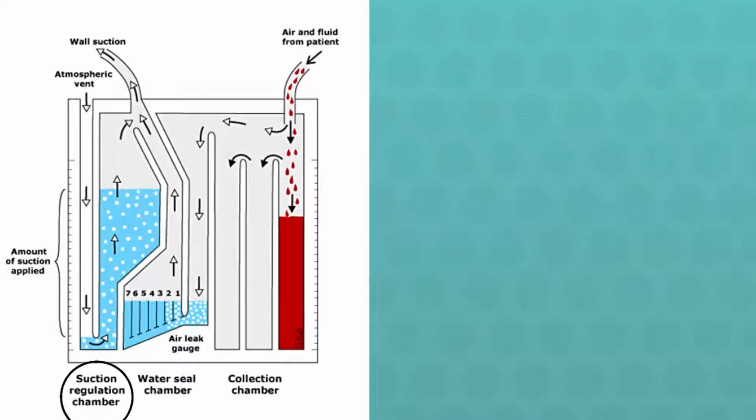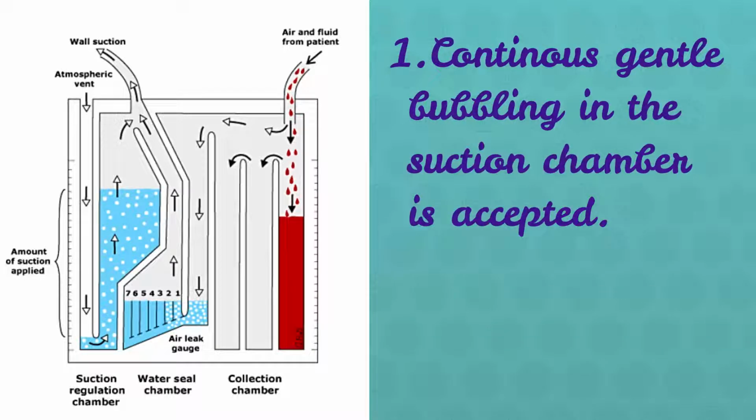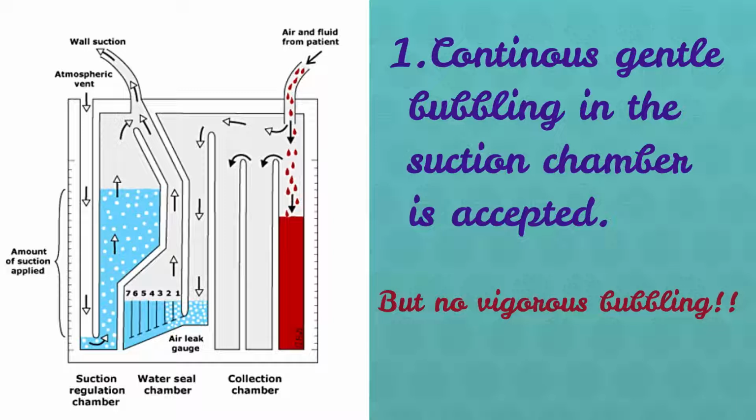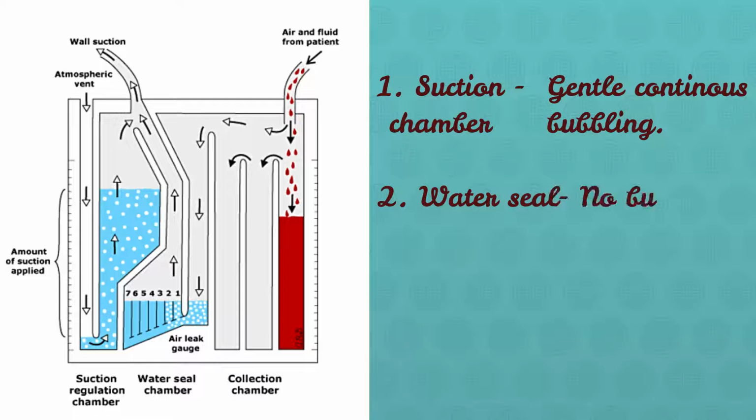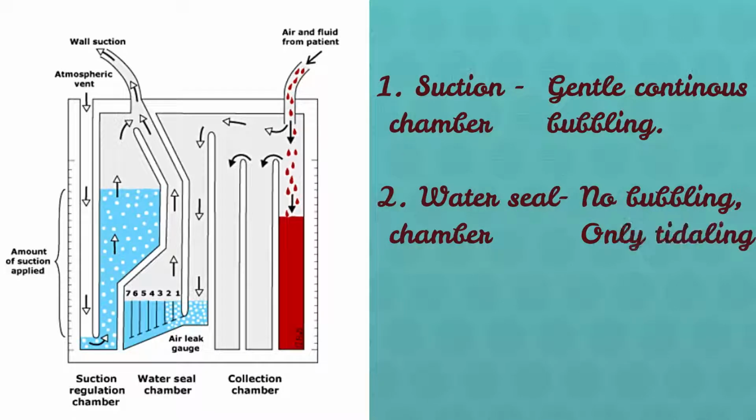But when it comes to the suction chamber, continuous gentle bubbling is okay, but no vigorous bubbling. Clear with that? In the suction chamber, gentle continuous bubbling is okay, but in the water seal there is no continuous bubbling, only tidalling should happen. Intermittent bubbling in the water seal chamber is okay, and it happens because of pneumothorax.